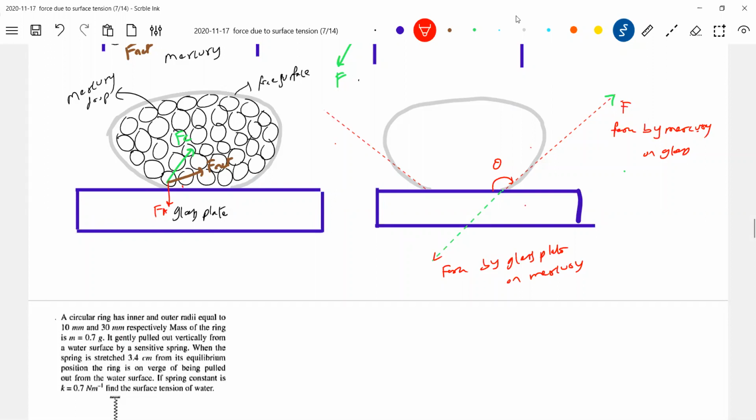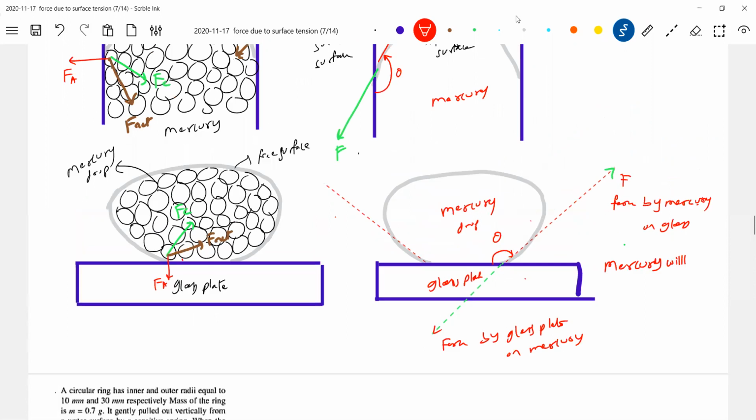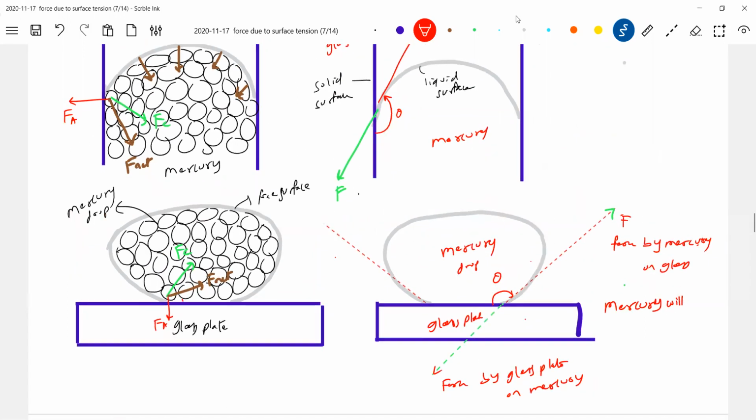Fine. Will mercury wet the glass plate? No. Mercury will not wet the glass plate.